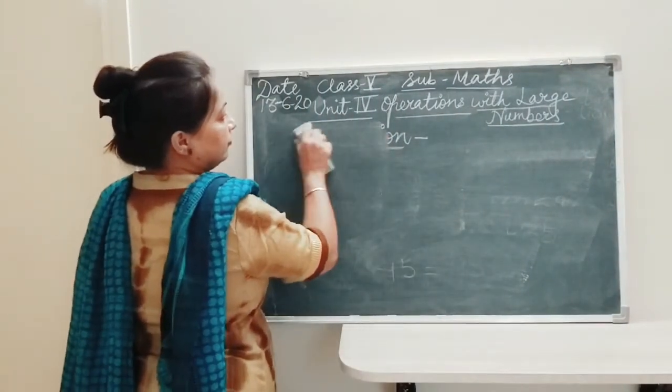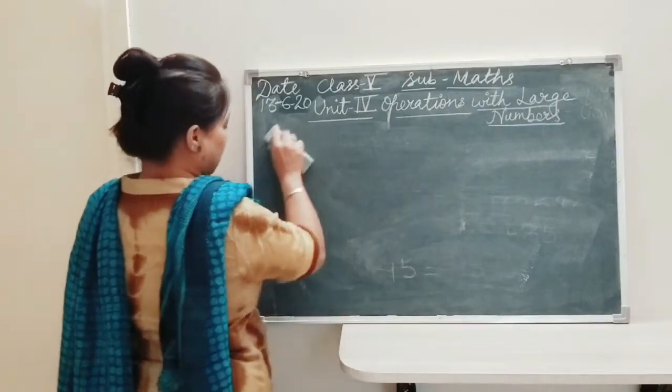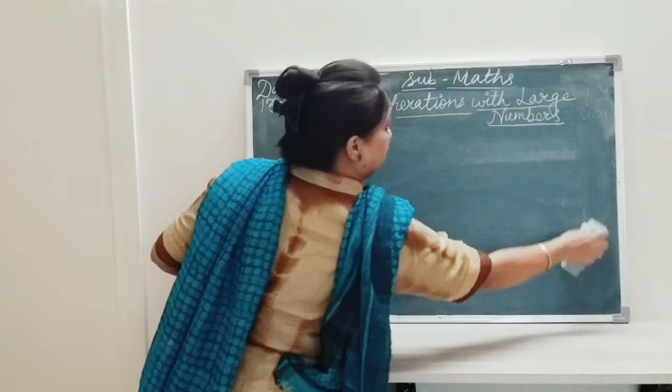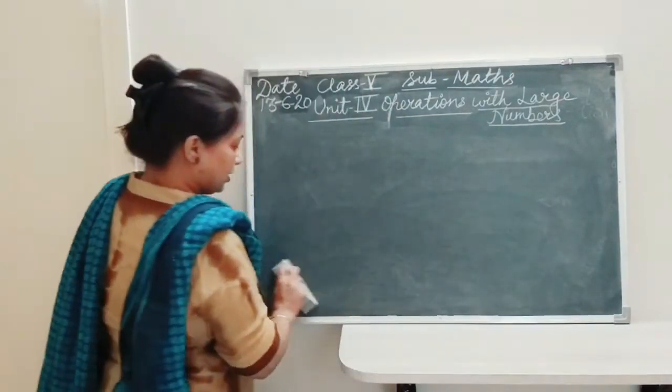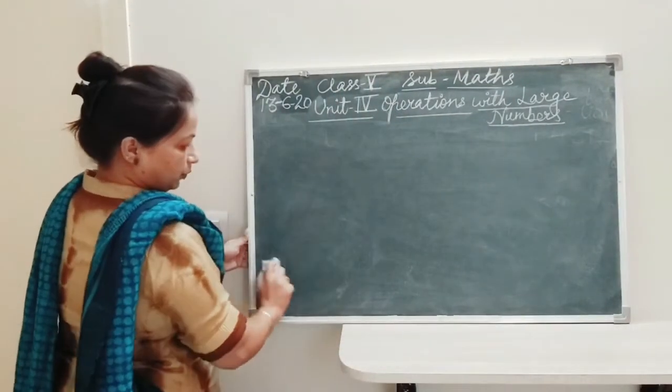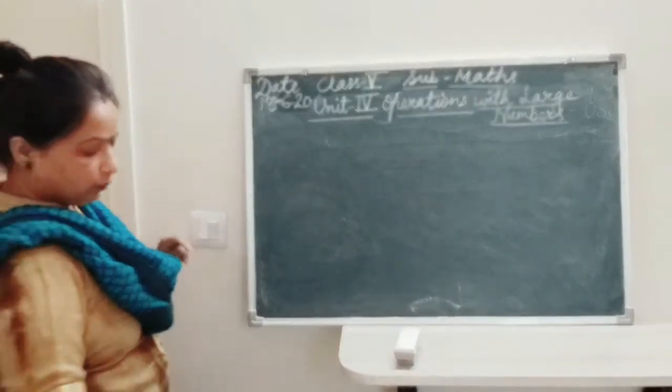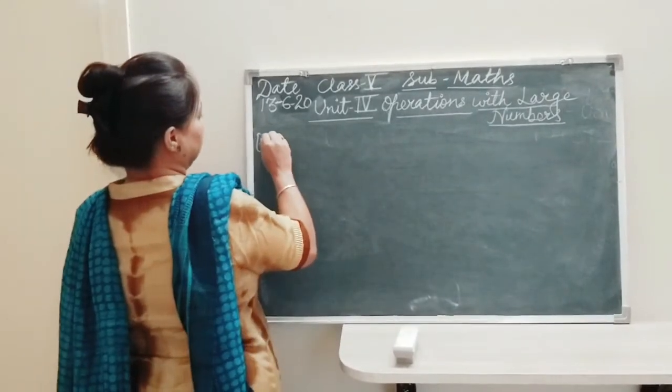As we have told you earlier in class 4 how to add the numbers, once again we are going to learn how to add large numbers, how to arrange them. Suppose you have to add 3 large numbers over here. Okay, we'll take an example over here.